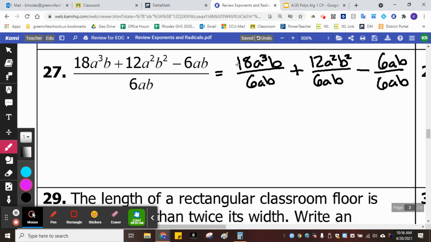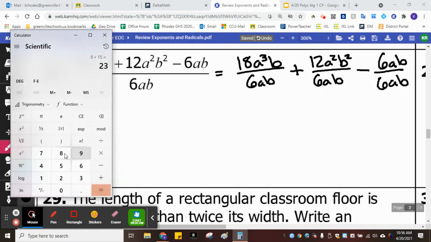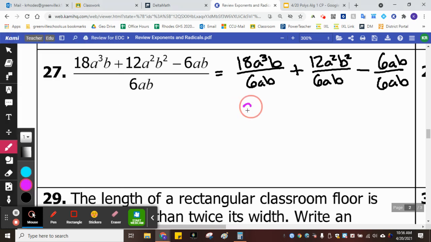And you can do the number part in a calculator, just know you can't do the variable part in a calculator. So 18 divided by 6. 3. No, divide.